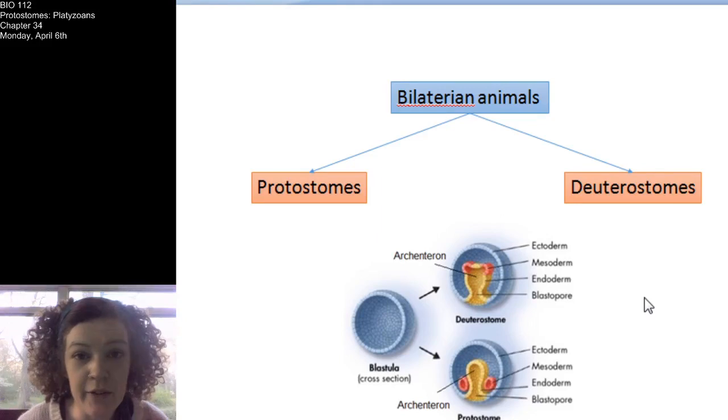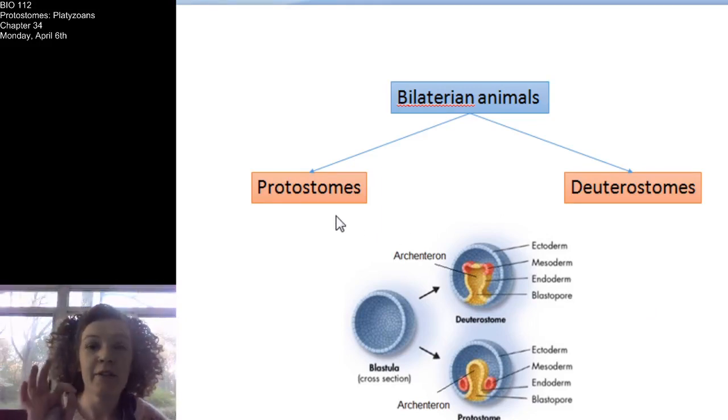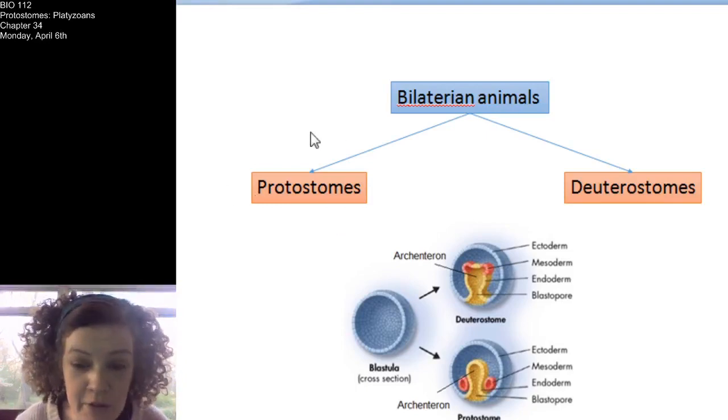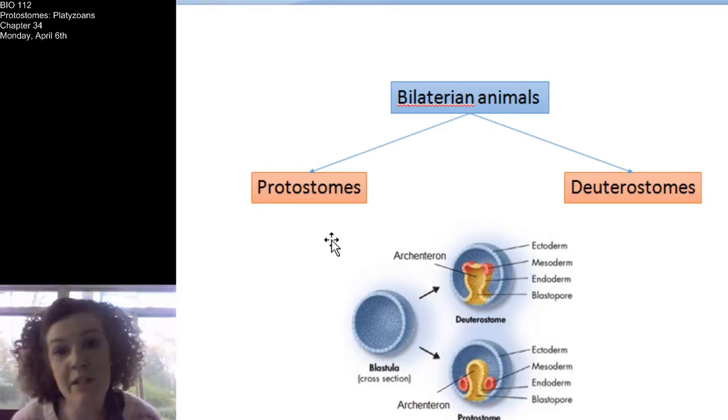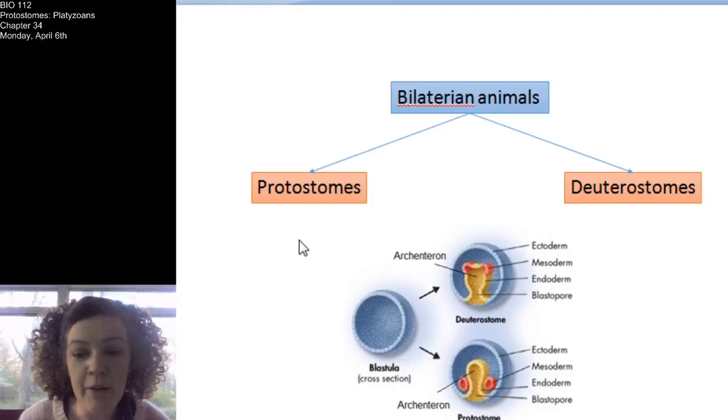So just to review, the protostomes, you have differences in cleavage. So protostome embryos exhibit spiral cleavage, where cells are added in a spiral configuration, whereas deuterostomes exhibit radial cleavage, where cells are put right on or develop right on top of each other.